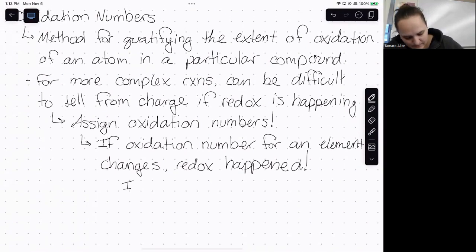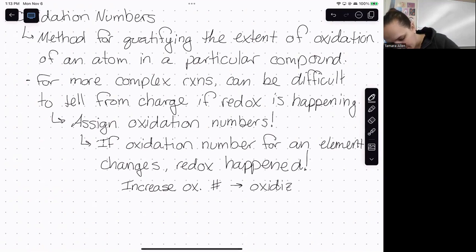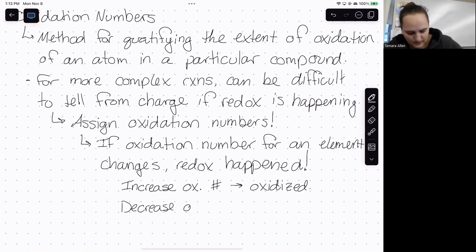Specifically, an increasing oxidation number means that that element has been oxidized. And a decrease in the oxidation number means that that element has been reduced.